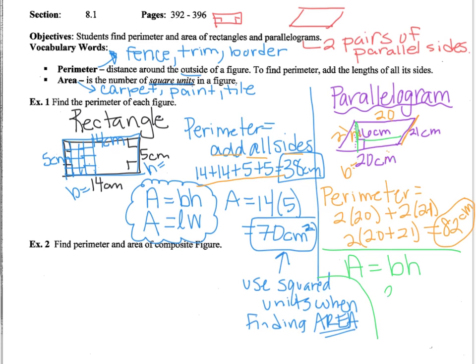So if the base is 20, the height is 16. We're going to multiply those two numbers together, just like we did on the rectangle. And 20 times 16 is 320 centimeters squared. Again, we're finding area for the same reason. We are finding units squared. So, final answer right there.